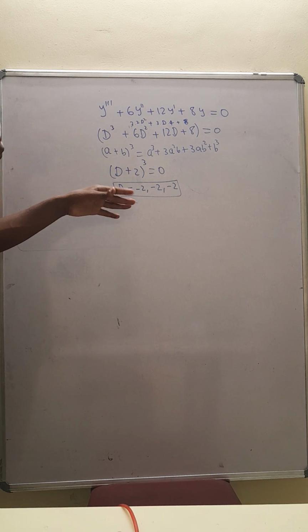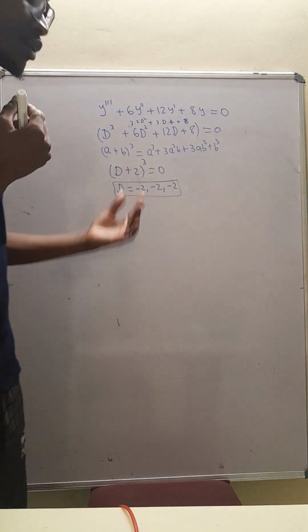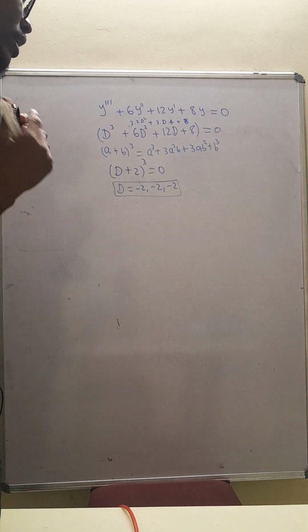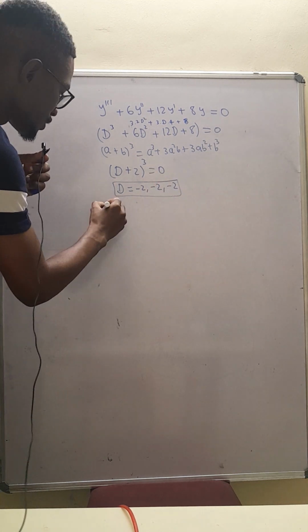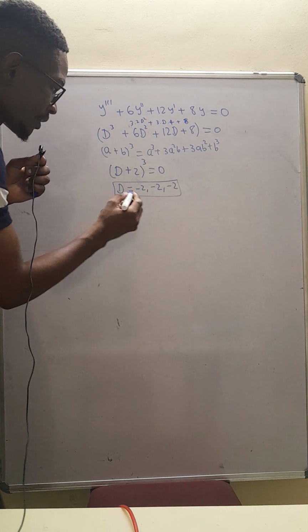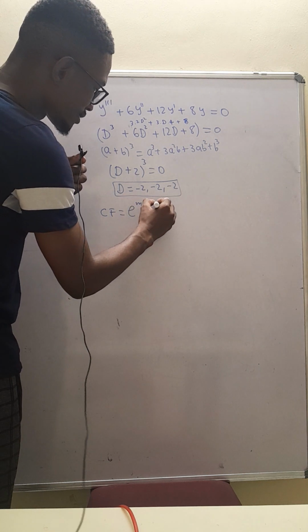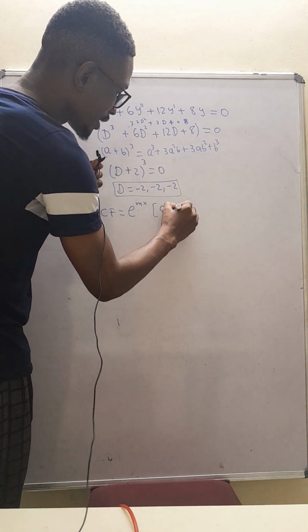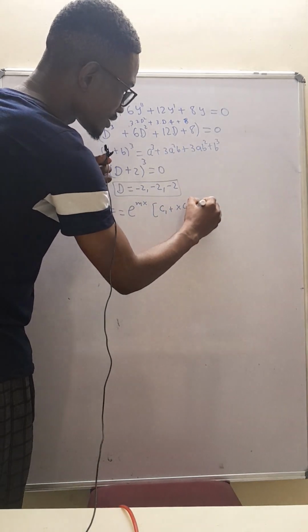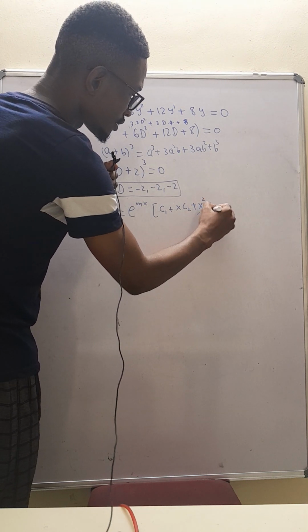Even though they are equal, I cannot just come here and say d is equal to minus 2. No. We have 3 roots here, and these 3 roots are equal. So how do we write the solution when these 3 roots are equal? CF will be equal to Euler raised to mx. Then it will be C1 plus x C2 plus x squared C3.